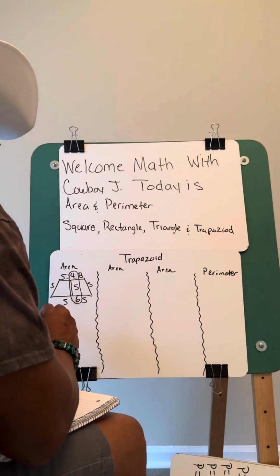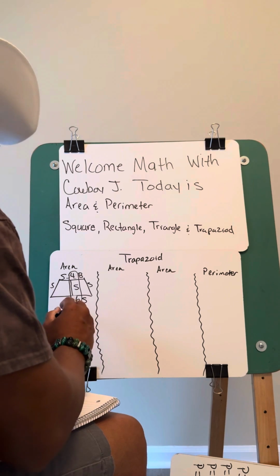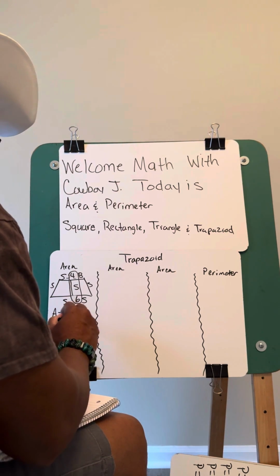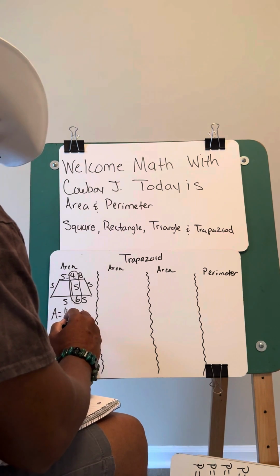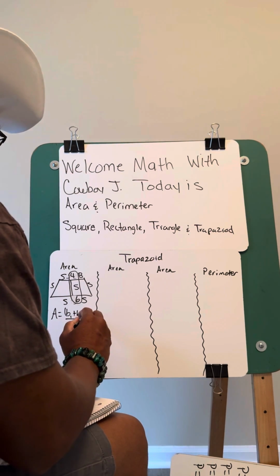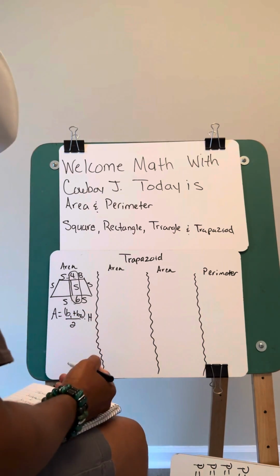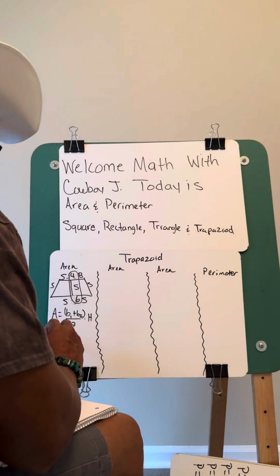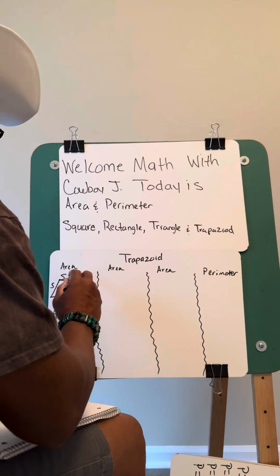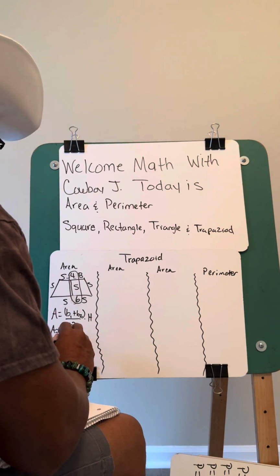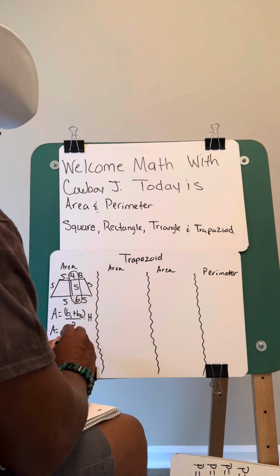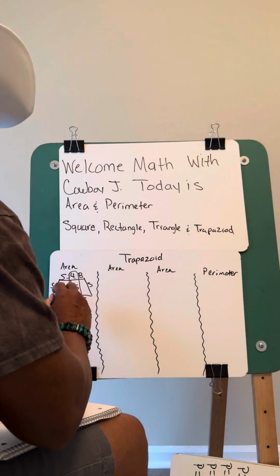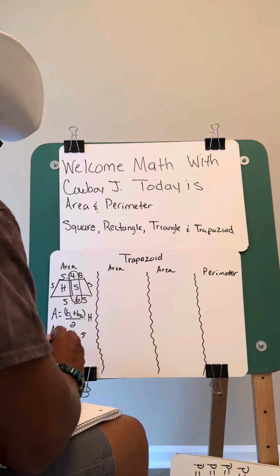So the formula is A equals B1 plus B2 divided by 2 times H. So in this case, it's going to be 4, which is B1, plus 6, which is B2, divided by 2 times the height, which is 5.